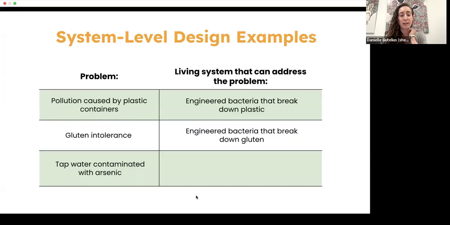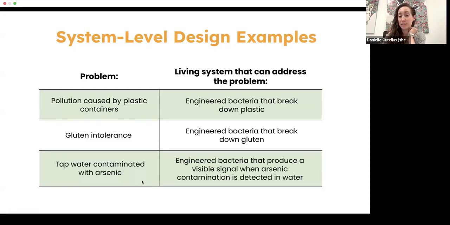All right, let's go with our chosen one for our example. Our problem that we want to tackle is tap water contaminated with arsenic. Okay, we want there to be some way for people to know if their tap water is contaminated with arsenic. We don't want them to drink it.